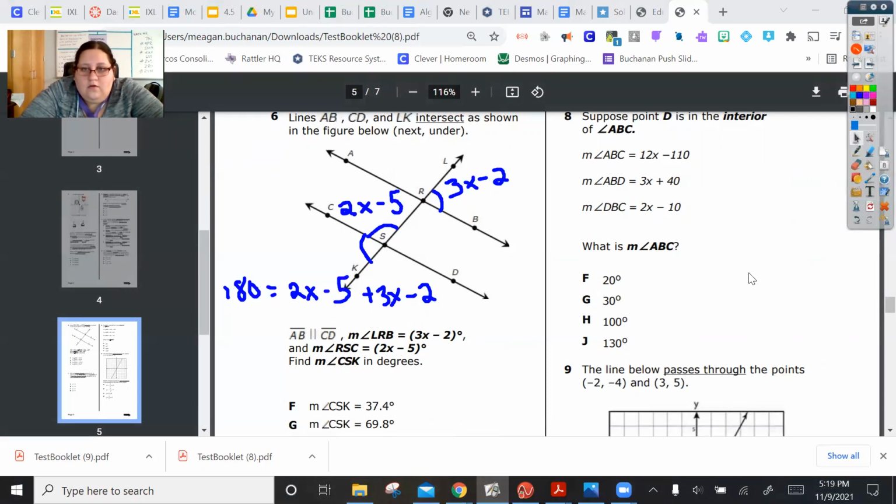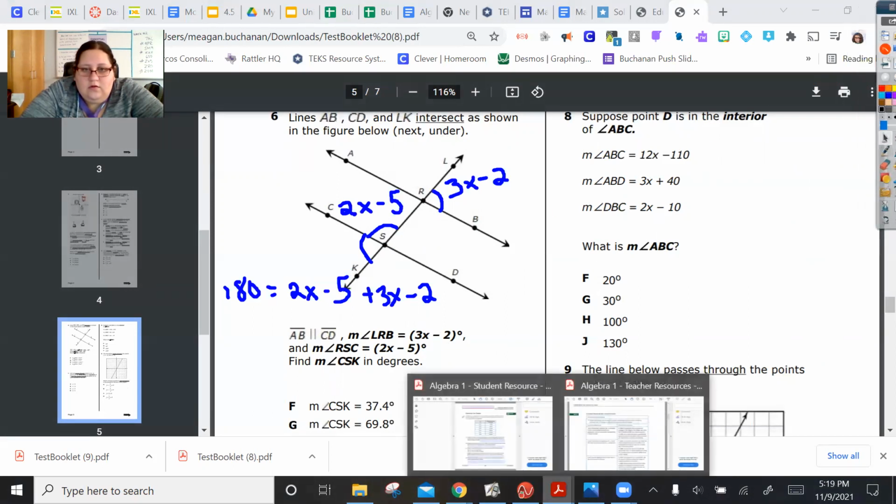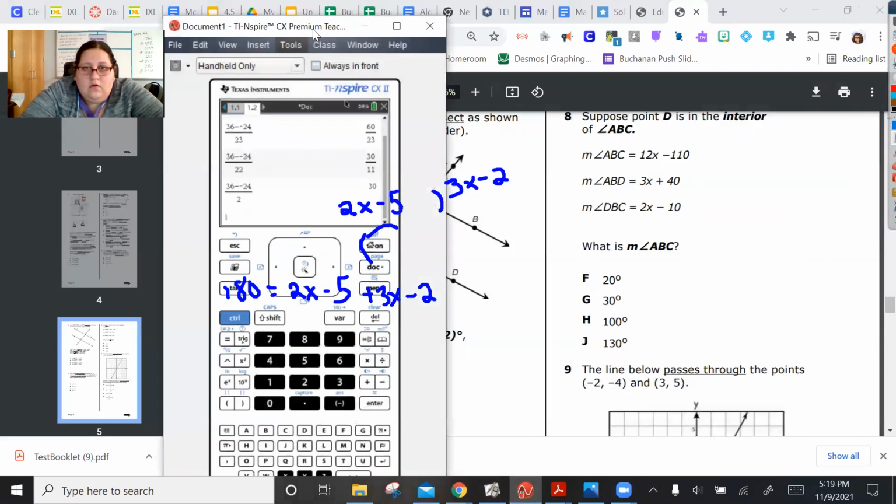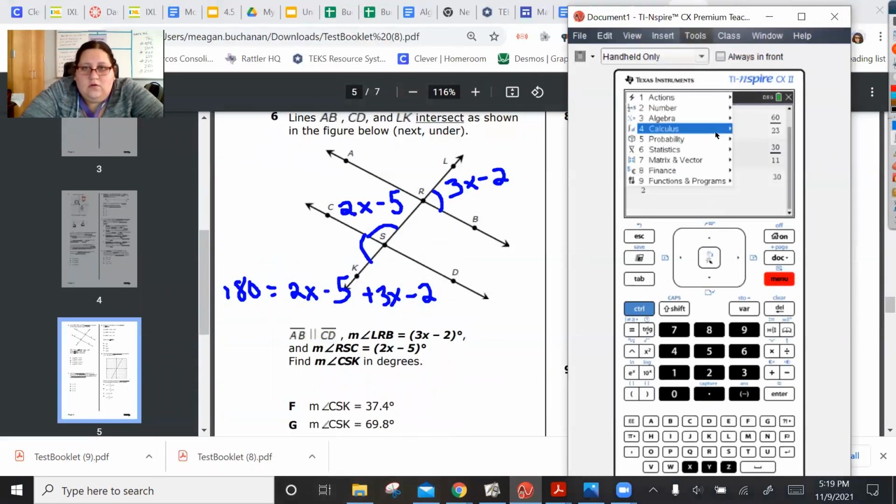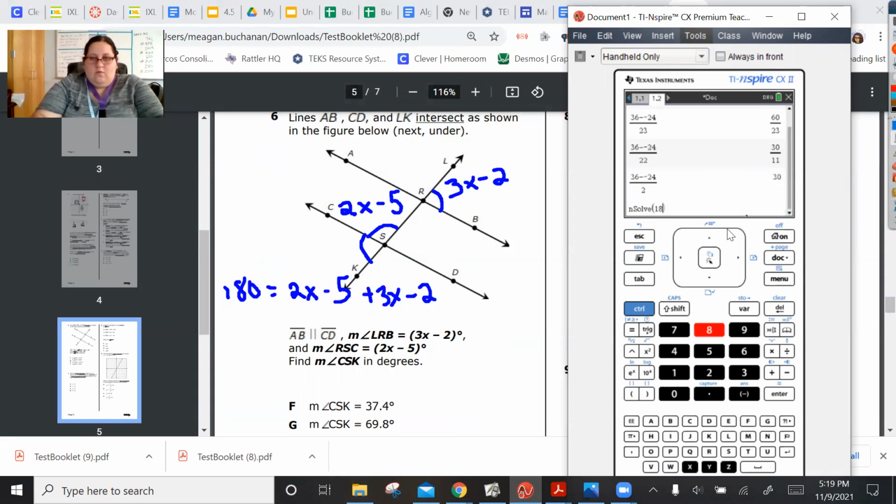Glad I found that. Okay, now we're gonna go ahead and take our calculator. We're just gonna do algebra, numerical solve. 180 equals 2x minus 5 plus 3x minus 2, comma x, and it says 37.4.